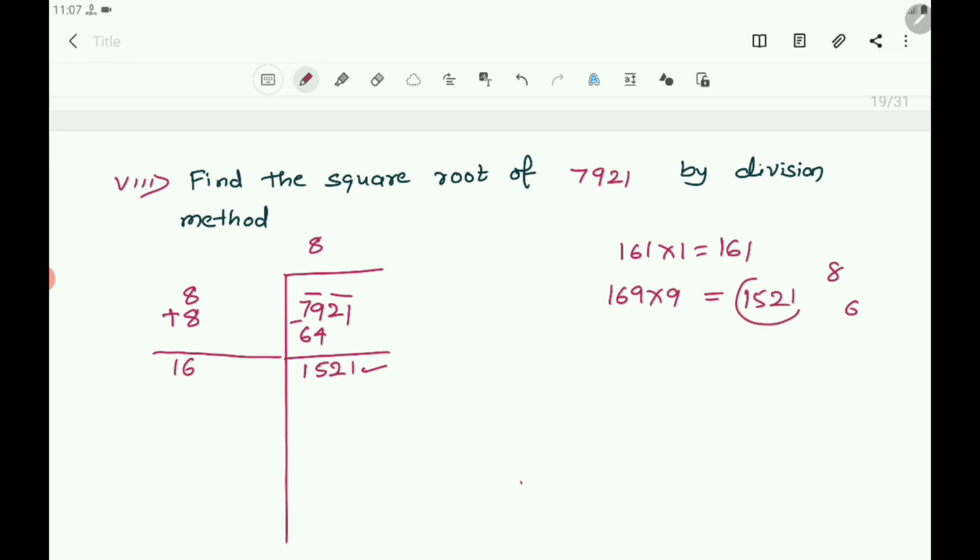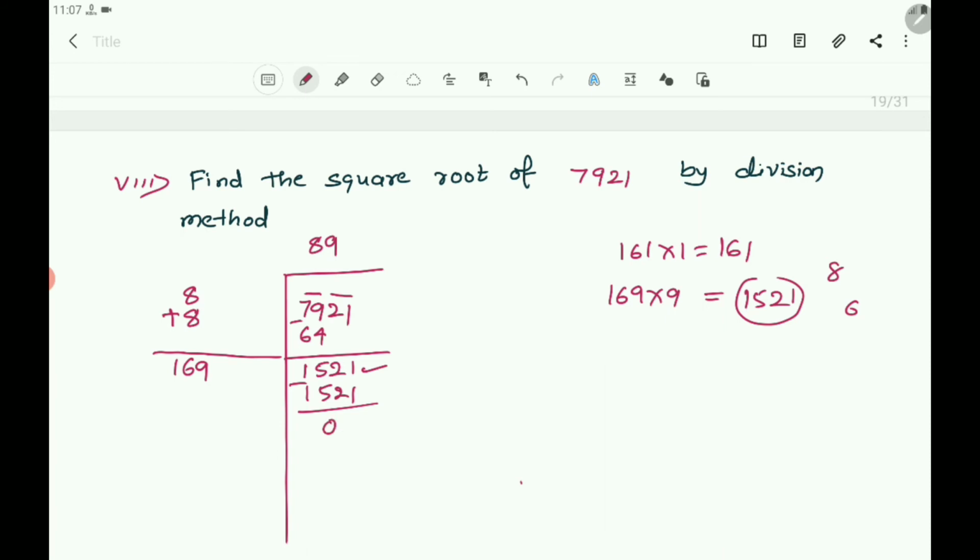So you got 1521. So here you take 9 in front of 16 and multiply it by 9. Then the product is 1521. Subtract 1521 from 1521 and you will get 0.